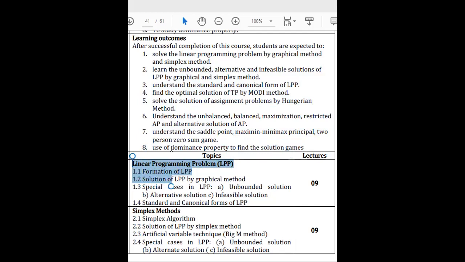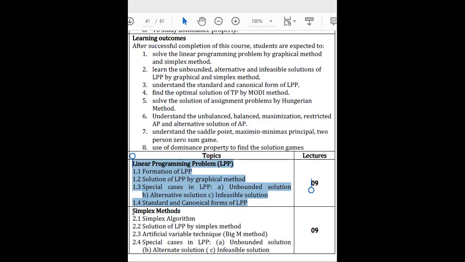Then how to solve a linear programming problem by graphical method, special cases in linear programming problem where we have unbounded solution, alternative solution, infeasible solution, that is when solution does not exist, standard and canonical form of LPP. This is chapter 1.